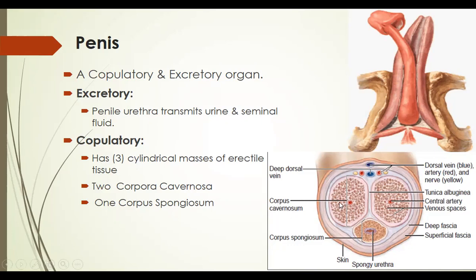Cavernosum because there are spaces, venous spaces. Then one below this is called the corpus spongiosum. The cavernosa are the erectile tissue, and the corpus spongiosum is non-erectile. It is spongy, which is why the urethra passes through it.